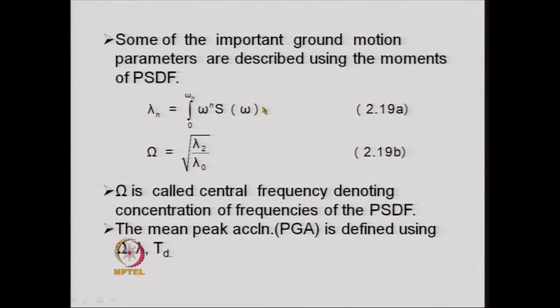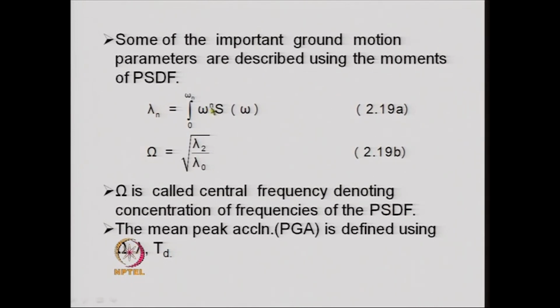Now this is integrated again from 0 to the Nyquist frequency, that is up to the point A that I had shown initially in the figure of the Fourier spectrum.